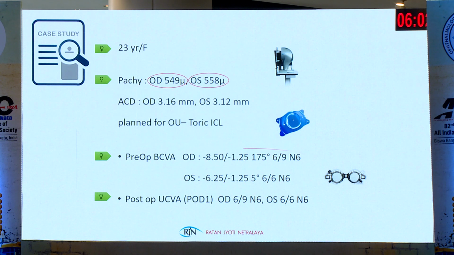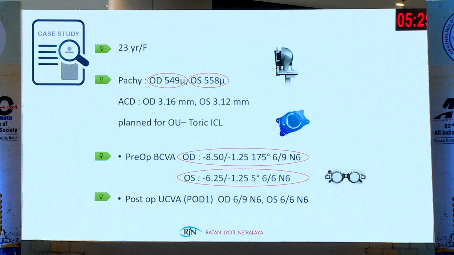So coming to the first case, this patient is a 23 years old female, with pachymetry thickness of 549 and 558 microns, and anterior chamber depth is 3.16 in right eye and 3.12 in the left. We planned for toric ICL in her case. This could be done by the surface procedure also, although the power was 8.5 diopters with 1.25 diopter cylinder, but surface procedure produces haze erratically, as has been said by Dr. Bhupesh also.